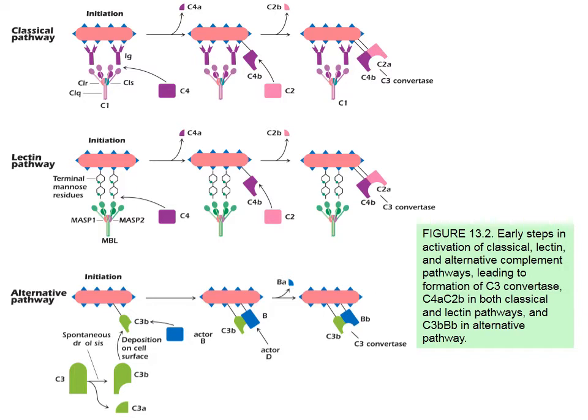The a is going to help in causing an inflammatory response and attract more inflammatory cells, whereas the b will label those bacteria and make them palatable for the phagocytes. So you will see that typical pattern. I don't want you to remember each and every detail, just the important aspects of the classical pathway, and especially in this figure, that most of them will lead to C3 convertase, which is an enzyme.